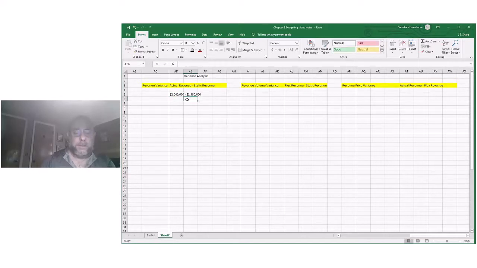And that gives us $60,000. So do you think this $60,000 is a favorable or unfavorable variance? I would conclude that it's favorable. Right? We made more revenue than we expected.